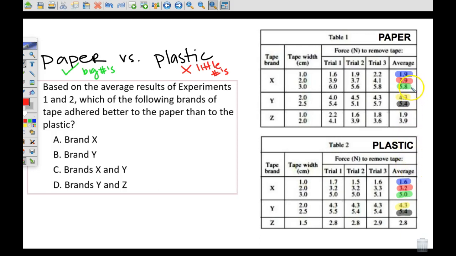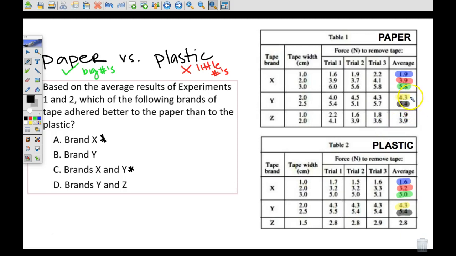And then for 3 centimeters, the average amount of force needed to remove the tape was 5.8 on paper versus 5.0 on plastic. So right now, brand X follows the pattern that we wanted. We wanted the paper to have bigger numbers rather than plastic, which we're hoping was smaller. So this is an option. And so is C, because X is also embedded in C.